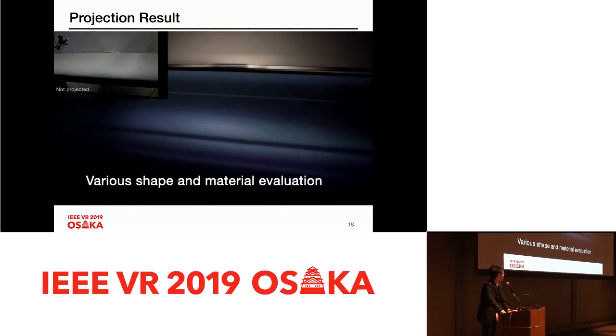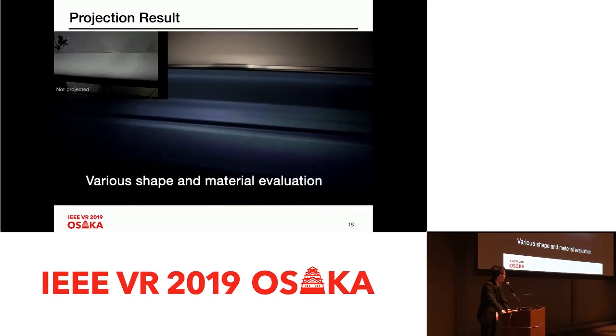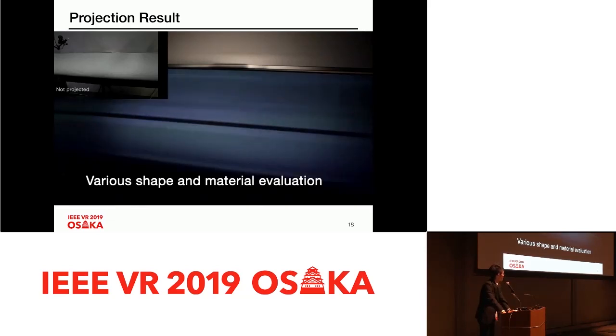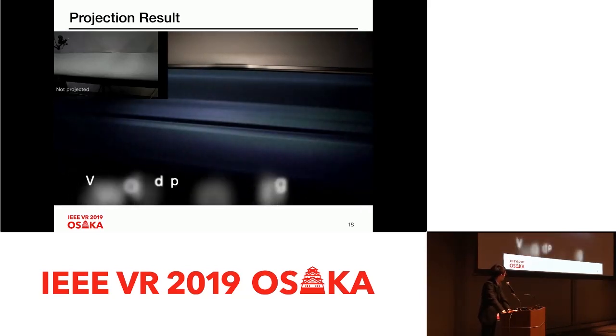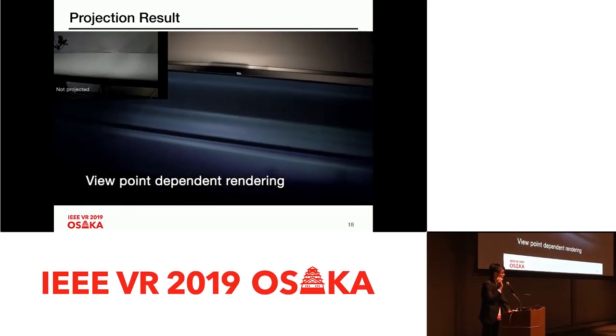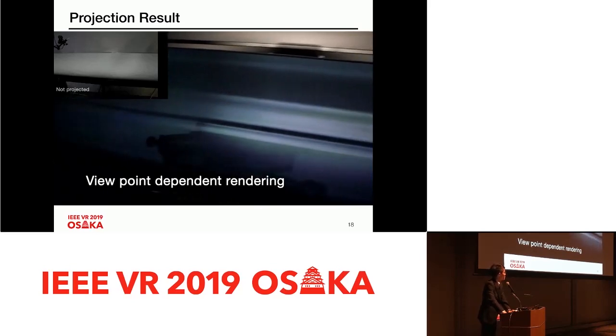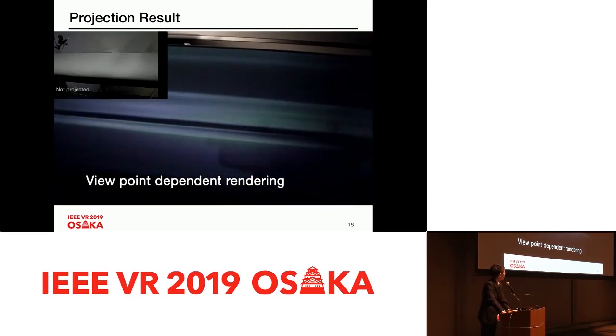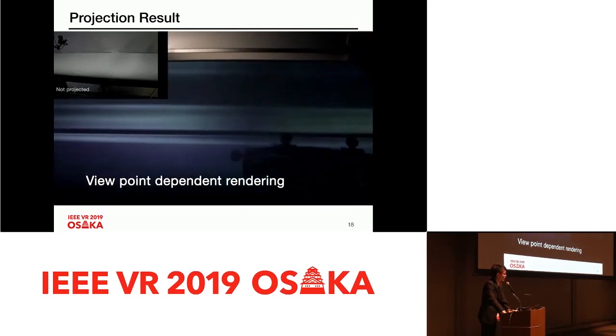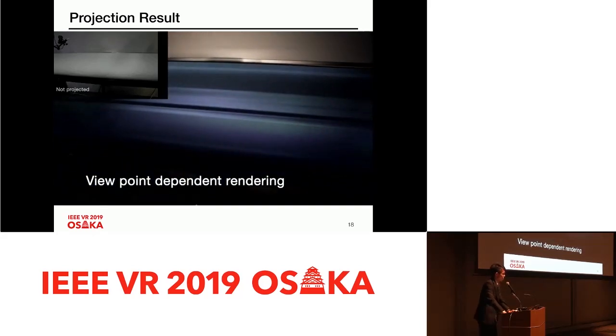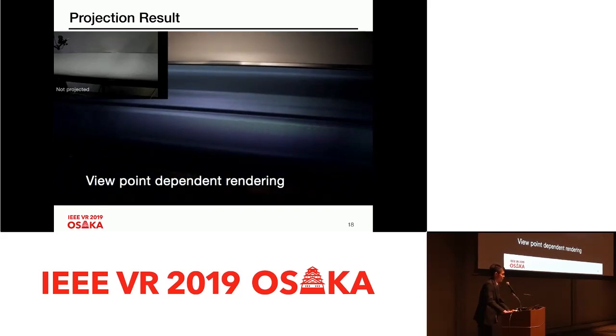You can easily change the parameters of the dashboard, and you might have different impressions, and you can also change the shape. Because the viewpoint is tracked, if the user moves their head, it's still rendered. Viewpoint dependent rendering can be realized, so there are no correspondences.